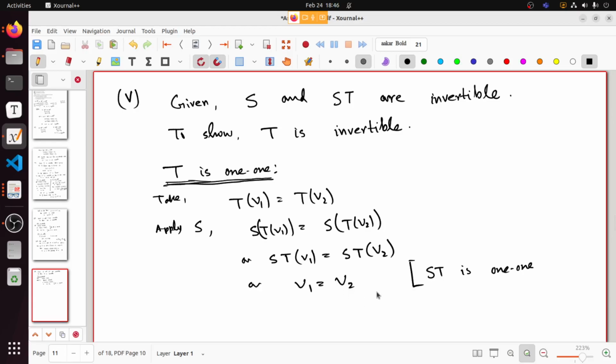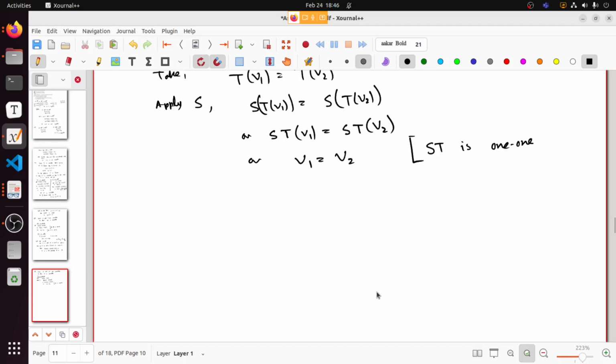Now you have to check T is onto. We have this U to V, this is the map T, and V to W, it's S, and ST is given. So T is onto.